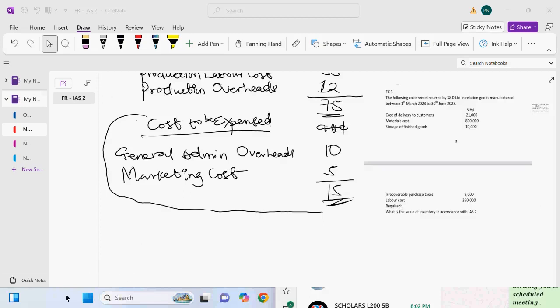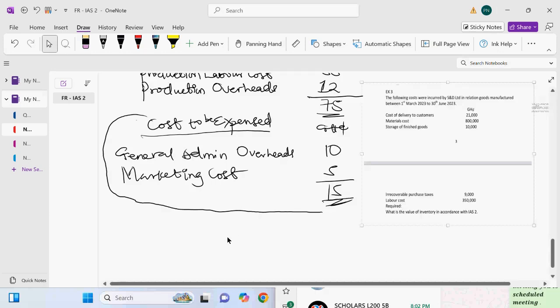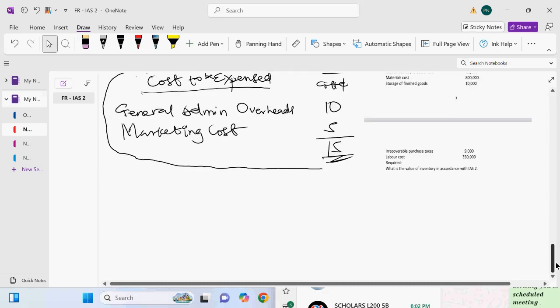Cost of delivery to customers 21,000. Materials cost 800,000. Storage of finished goods 10,000. Irrecoverable purchase taxes 9,000. Labor cost 250,000. Required: what is the value of inventory in accordance with IAS?